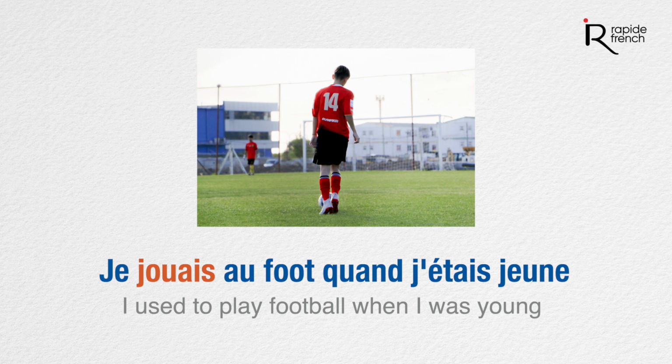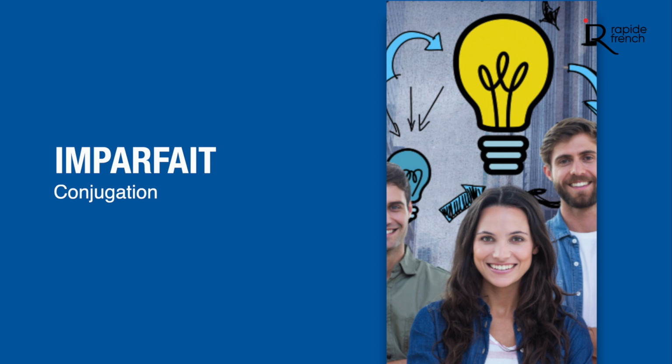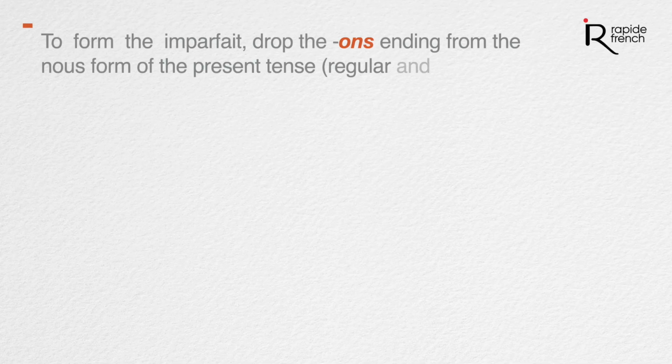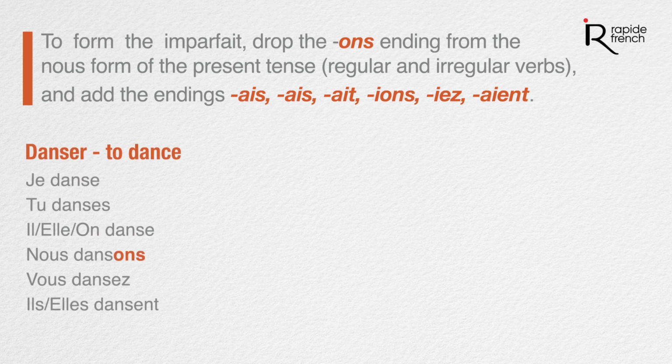Now, how do you form the imparfait? Okay, now listen attentively. The first thing you need to do is to conjugate the verb in present tense. Let's take the verb danser, for instance, to dance.